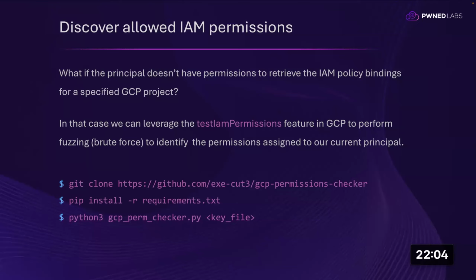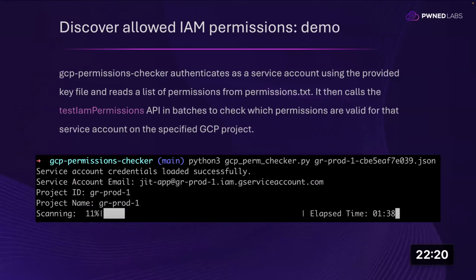So there is a nice tool here named GCP Permissions Checker. I've put the GitHub repo there, and then you can just run it. It expects a key file. So let's jump into that one.